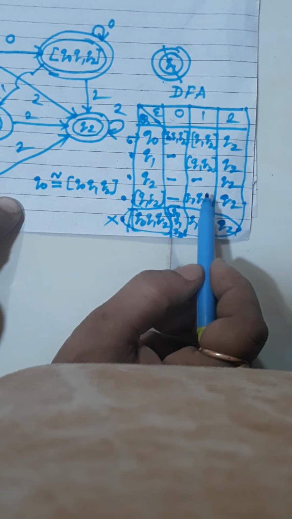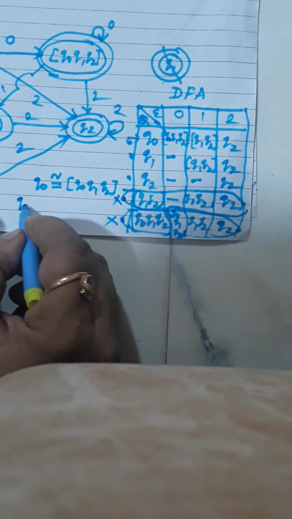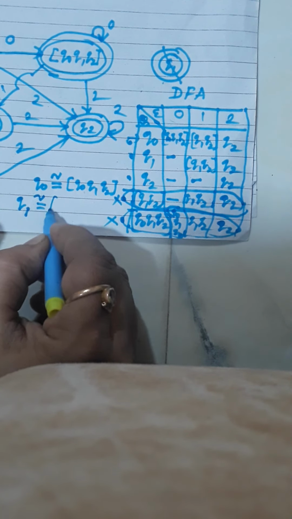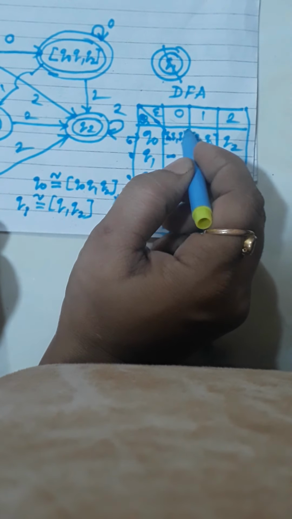These 2 rows are also equivalent. So every Q1, Q2 will be replaced, so we need to remove this. Why? Because Q1 is equivalent to Q1, Q2.